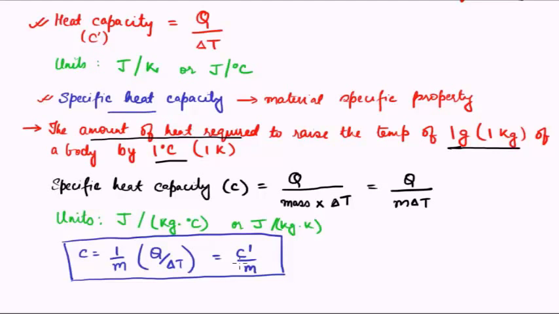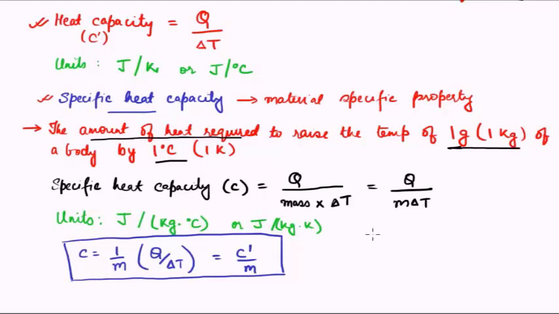Okay, now we have seen a lot of heat capacity and specific heat capacity. Let us see some sample values of specific heat capacity for some day-to-day materials. Specific heat capacity, as I already said, is a material property. One of the day-to-day materials that we encounter every now and then is water, and water is known to have one of the highest specific heat capacities.